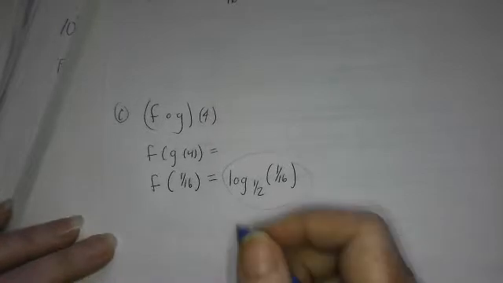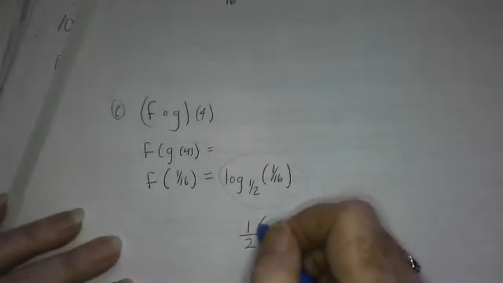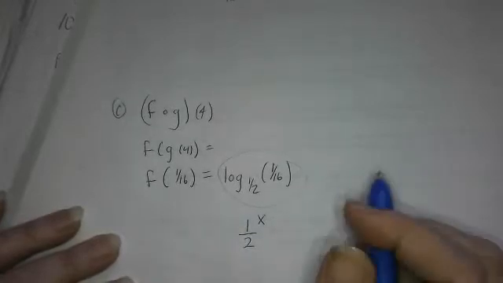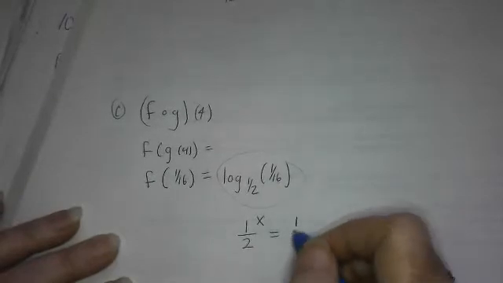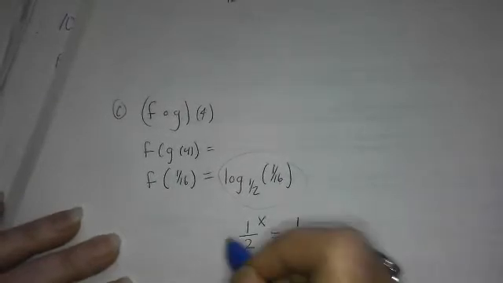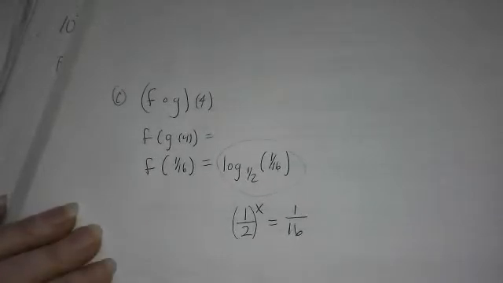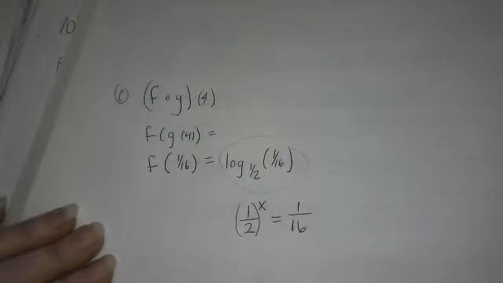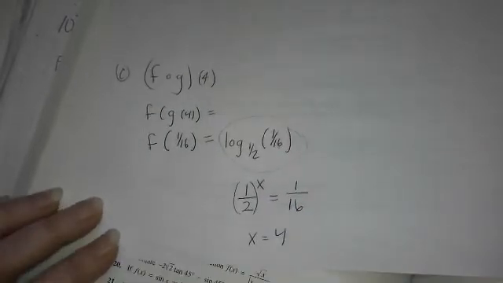I'm going to write it as the base raised to x, and set it equal to the argument. I should put parentheses. There we go. What would we have to raise 1/2 to turn it into 1/16? Well, 2 times 2 is 4, times 2 is 8, times 2 is 16. I think x is going to be 4 right here. Okay, so that's the answer.